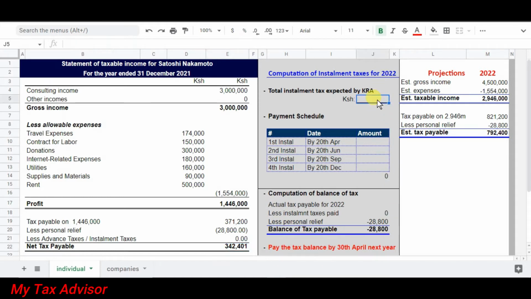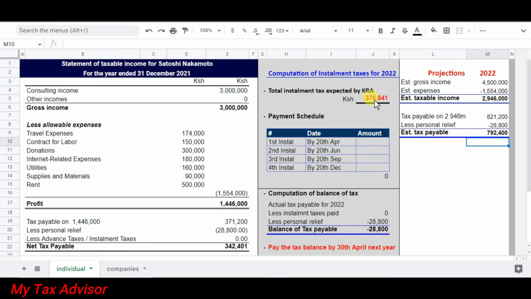So let's put it here and say this. We grow it by 110%, and that is amounting to 376,000. So between 376,000 and 792,000, which is less?